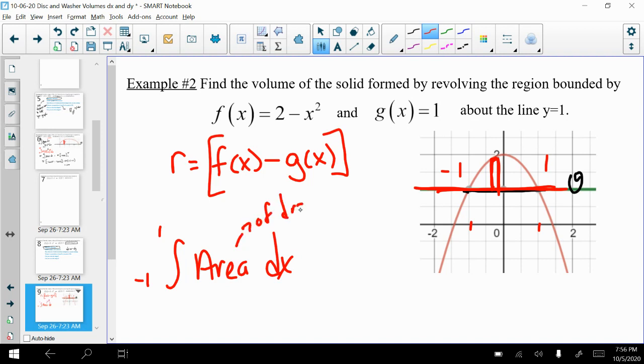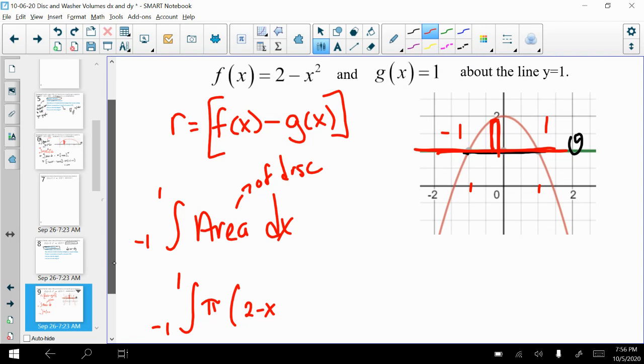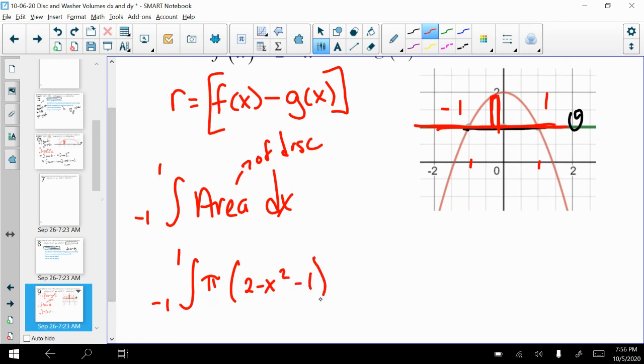And the area of those little disks that I'm creating, -1 to 1, pi times my radius, which was 2 minus x squared minus 1 squared. So it's -1 to 1 of pi r squared.